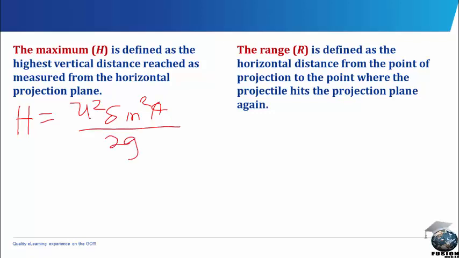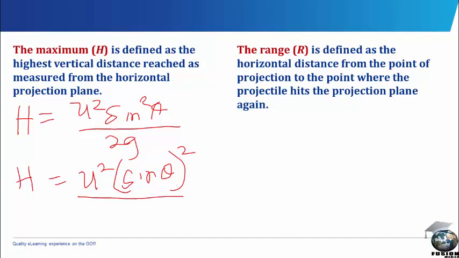If you find it difficult to write this, please write it this way: H equal to u squared sine theta all squared divided by 2g. Both will give you the same answer.